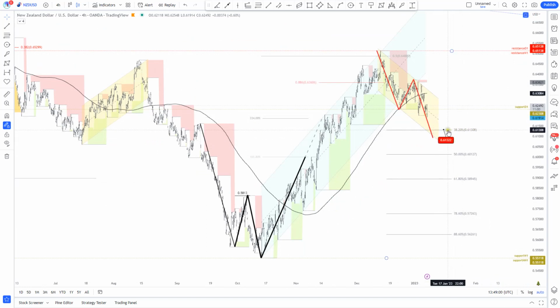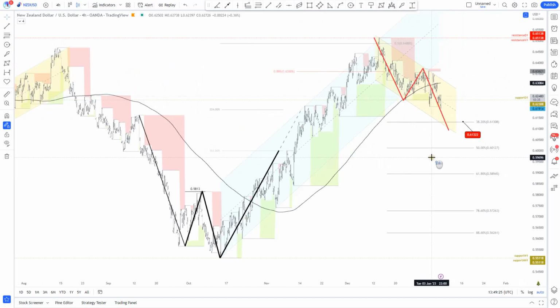We have the 38% Fibonacci retracement at 61.30, and also, and that's the pattern that I'm paying attention to, a symmetrical pattern projected a few points below at 60.95, 60.94. This is just a couple of points below the 38% Fibonacci retracement level.